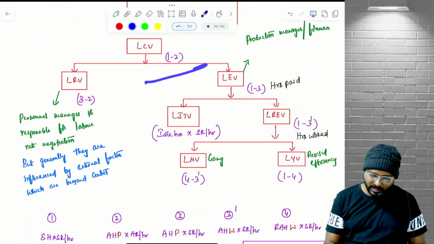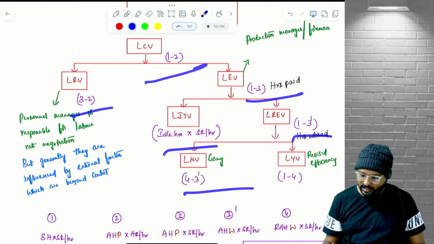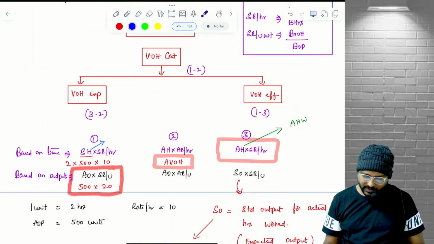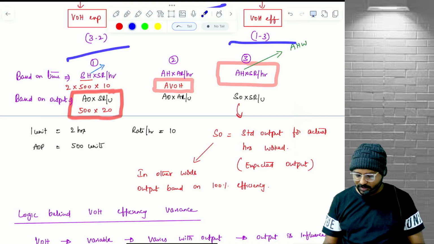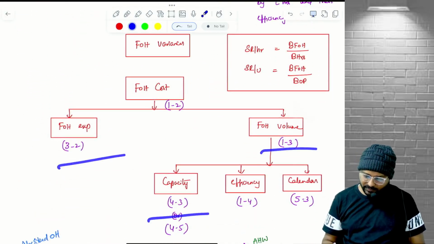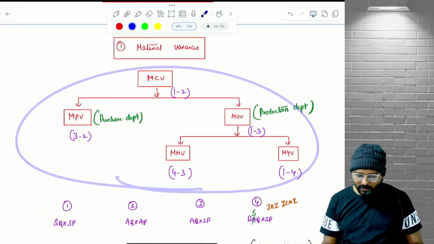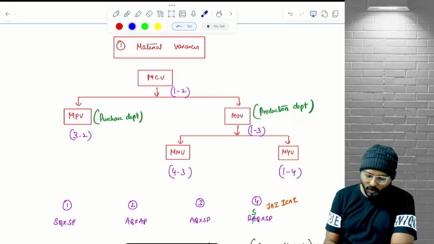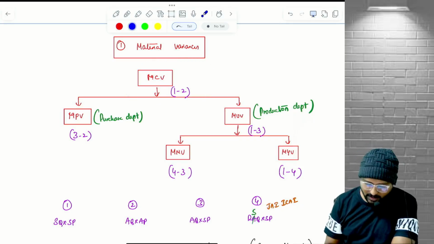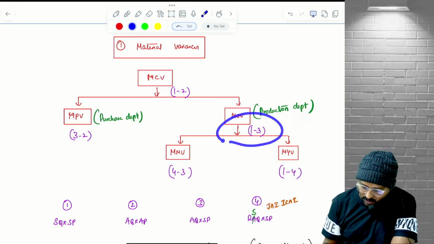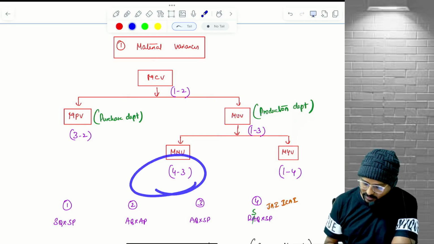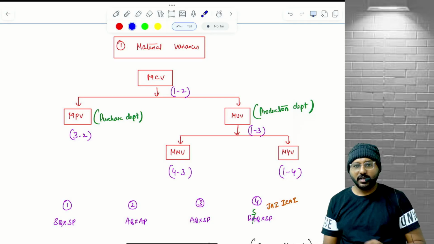Again it's going to be exactly the same. You just need to learn the first one. So now tell me, what is the formula? 1 minus 2 for material cost variance, then 3 minus 2, then 1 minus 3, then 4 minus 3, then 1 minus 4. Clear?